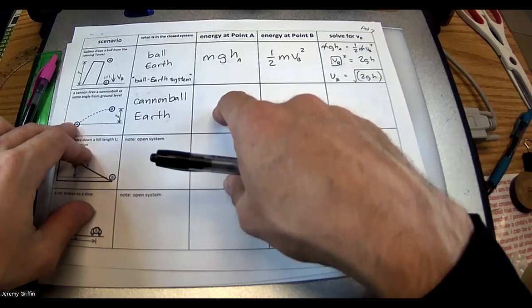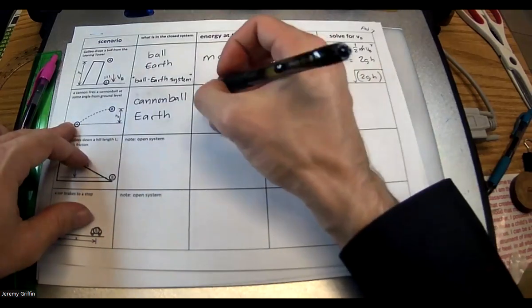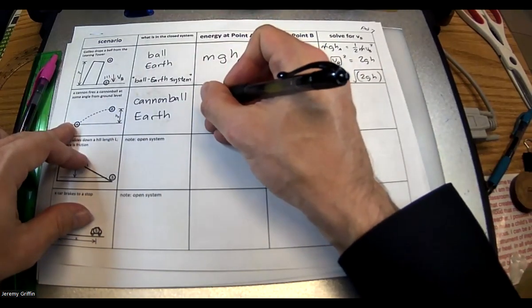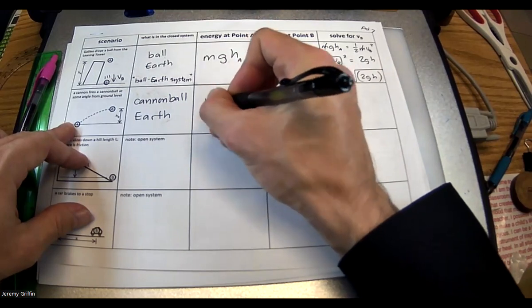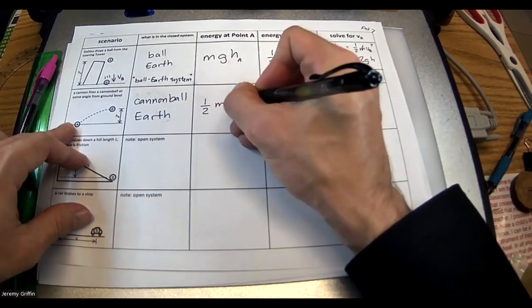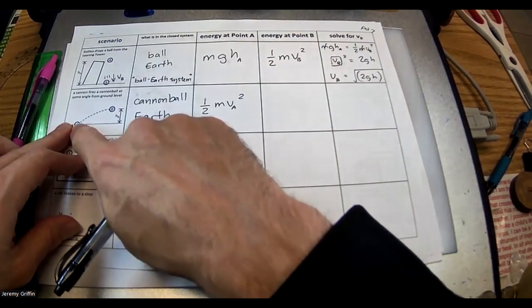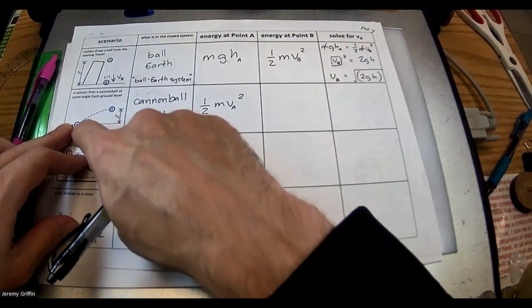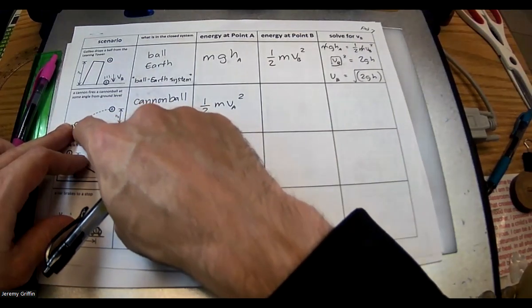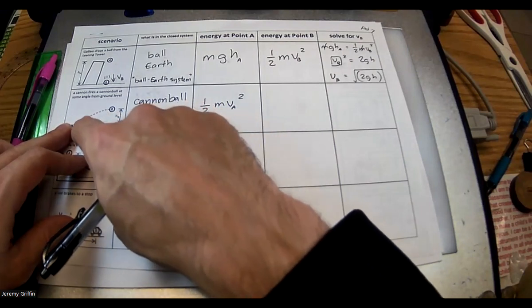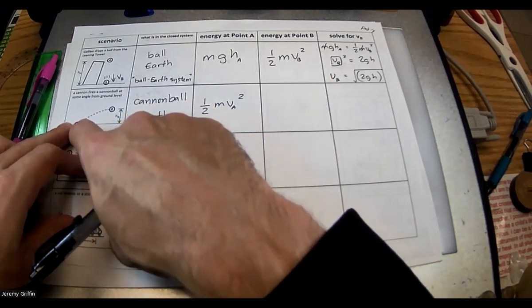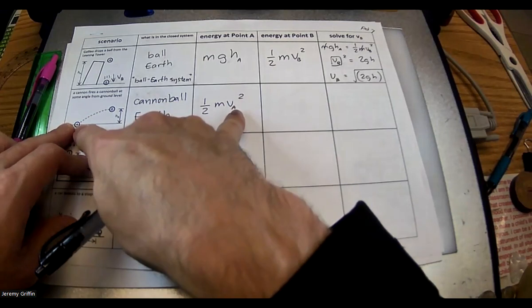So the energy at point A, after it has left the barrel, is all what kind of energy? Kinetic, 1/2 mv squared at point A, because it's down at ground level. So I'm going to say it's pretty much zero potential energy because it's at ground level, but it's moving as fast as it's ever going to move, so it definitely has kinetic energy.